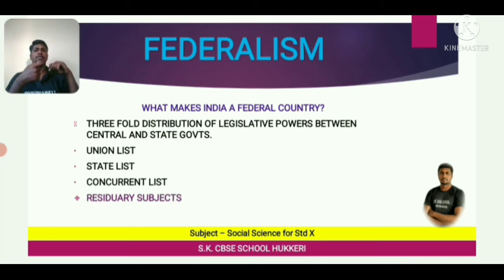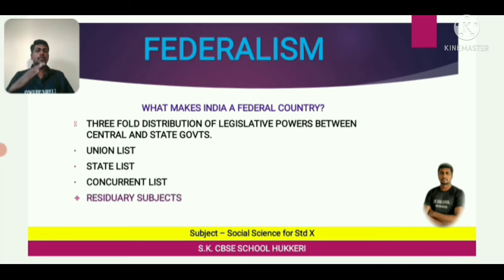In that situation, the law made by the union government, the central government, will prevail, will stand, and the law passed by the state government would be withdrawn or cancelled. So this is about the concurrent list.